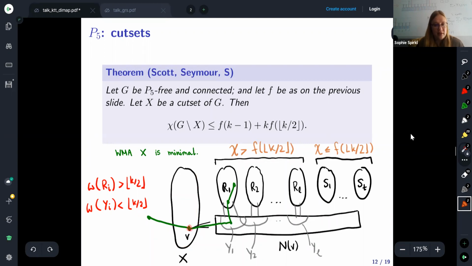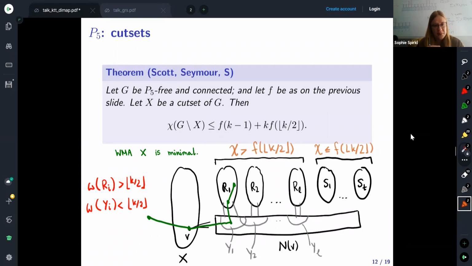Let's pick a vertex in X, say V, and then since X is a cut set, it has neighbors in every component we get from removing X. So if I look at any specific component, then V also has a neighbor somehow not there. And to prove this, since X is a cut set, it's enough to prove it for every component separately. So let's look at one component, look at V and its neighbors, and look at what happens to this component after deleting the neighbors of V.